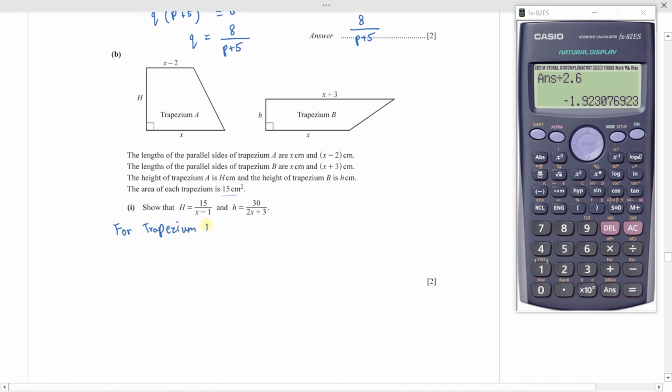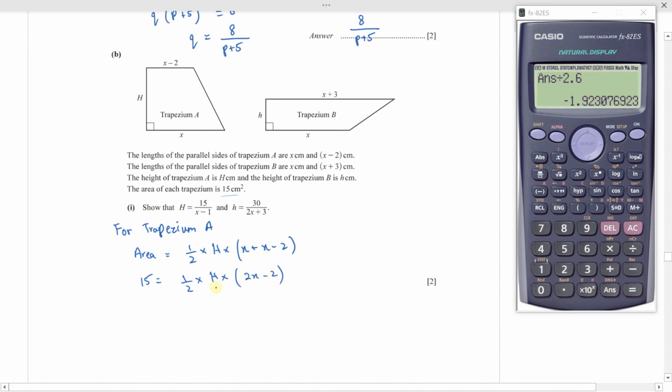For trapezium A, area will be 1 over 2 into the height. Your height is capital H, and then into the sum of parallel sides. So parallel side is x plus the other parallel side is x minus 2. And then area is given, it's 15. So I'll substitute 15 here. So this will be 1 by 2 into H into x plus x becomes 2x minus 2.